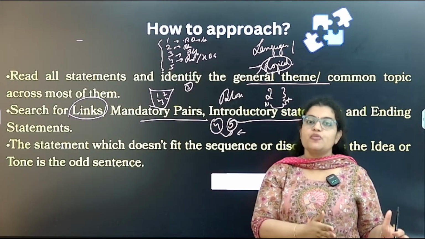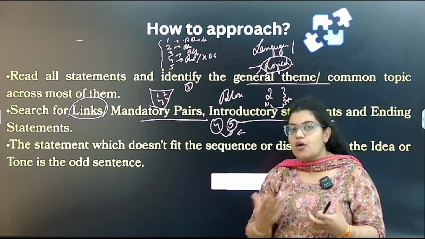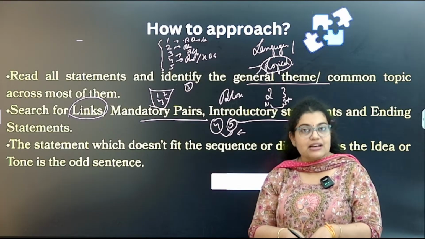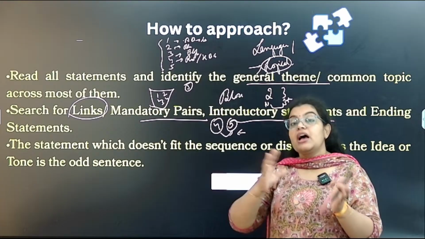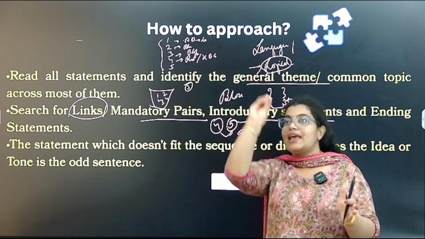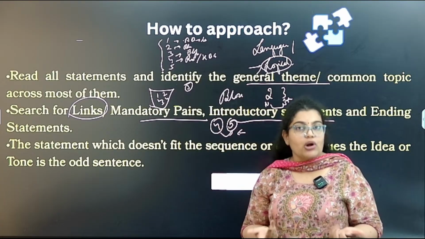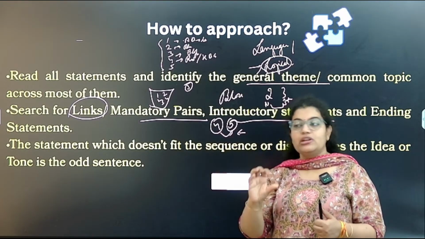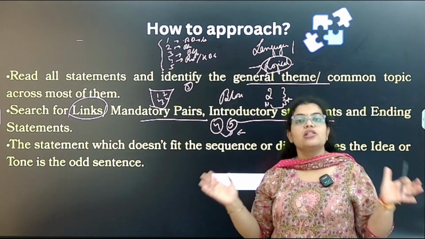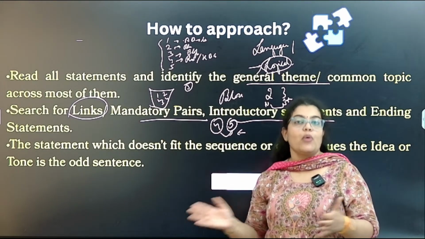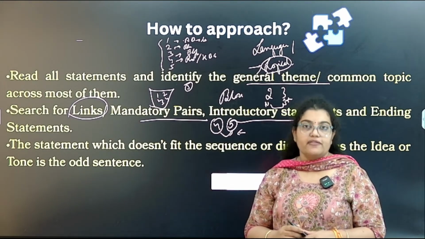So आपको language को भी अच्छे से समझना पड़ेगा that how the language is written, how the pairs are created, what could be the blocks, what could be the introductory sentence, okay? And what is a common theme? पहला में first sentence is talking about what idea, second में क्या बात हो रही है, third में क्या बात हो रही है, what is the common theme that is coming across all the sentences barring one sentence which is actually your odd one out, okay?